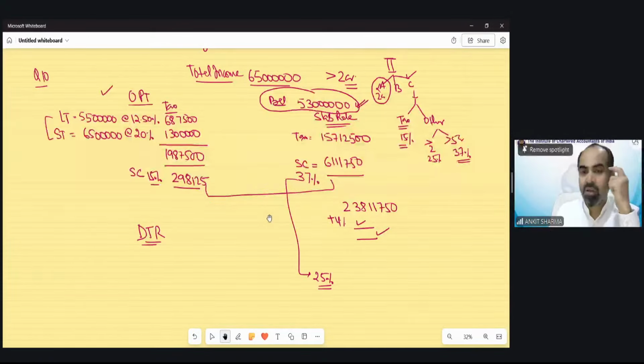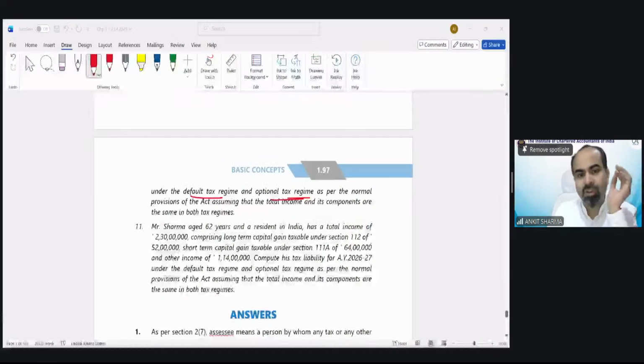If there is any query or any difference, you can let me know or cross-check it. It's a simple mathematical calculation, nothing else. Exactly the same thing is in illustration number 10, and an almost identical question is test question number 11. They are both similar. Let me see if there is any query.